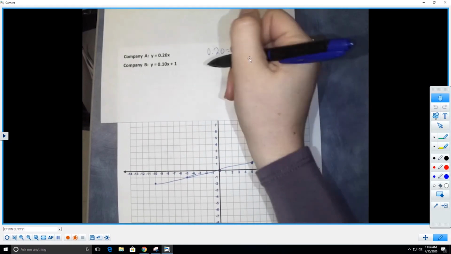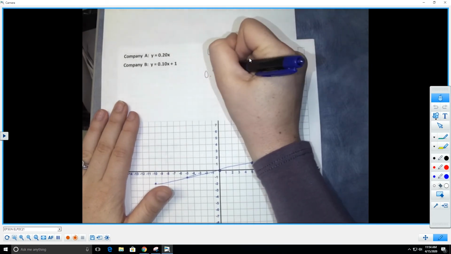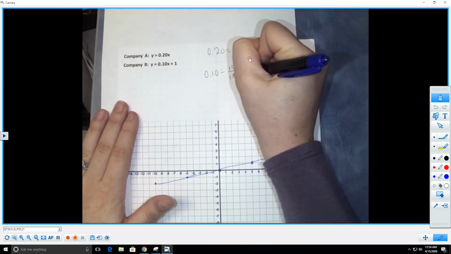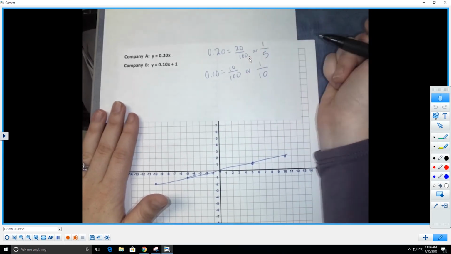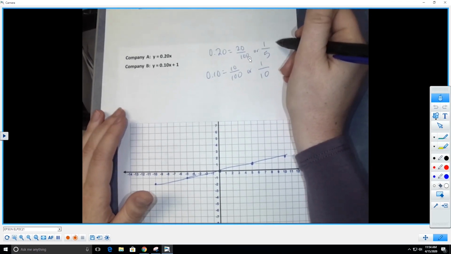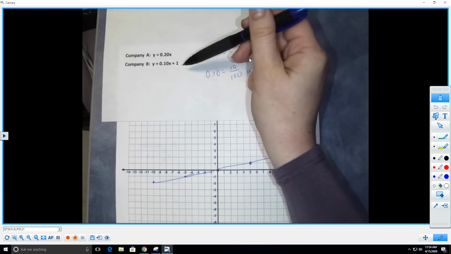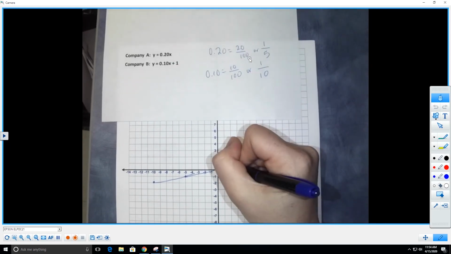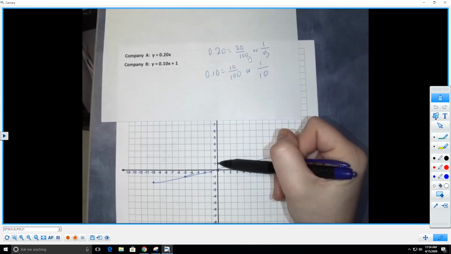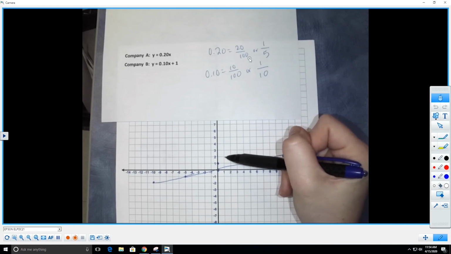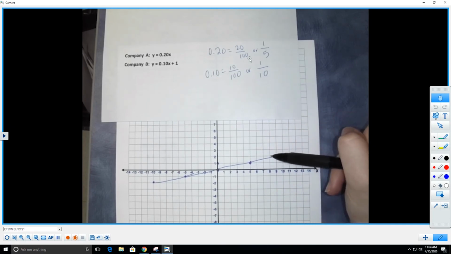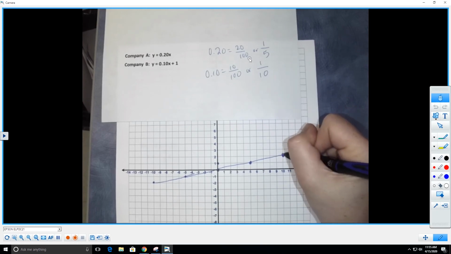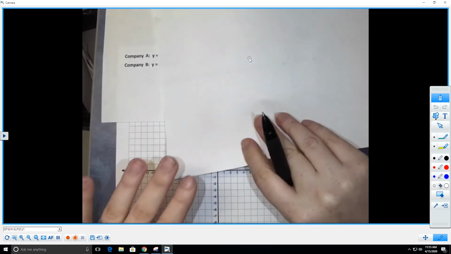Yes, 0.10 is the same as 10/100 or 1/10. So let's plot the second line on the coordinate plane. We're going to start by plotting our y-intercept, and then we are going to rise 1, and we are going to run 10. 1, 2, 3, 4, 5, 6, 7, 8, 9, 10. And we will connect those two points.